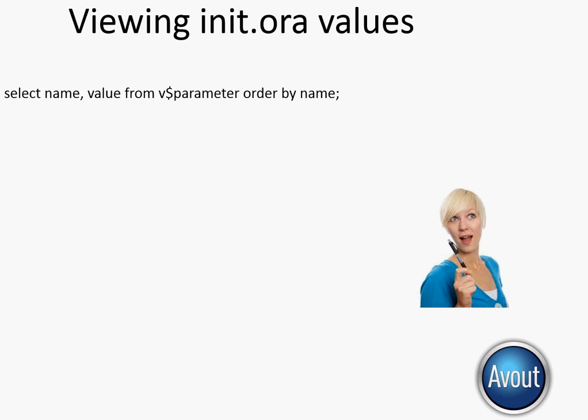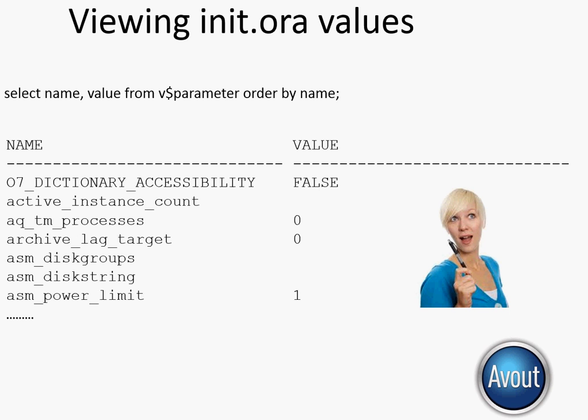There's more columns in this particular view, and we're going to take a look at that in a second. But if I just want to see the name and the values in v$parameter, I can run this SQL statement, and again I have to have DBA privileges in order to see this view. But I can see all of the different names of all the different parameters, and like we said, in 11gR2 there's over 300 of these, and the values that go along with it.